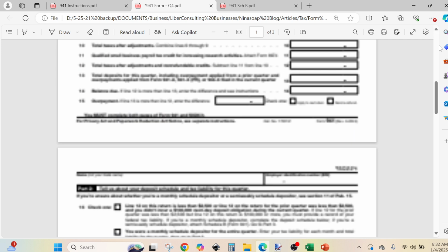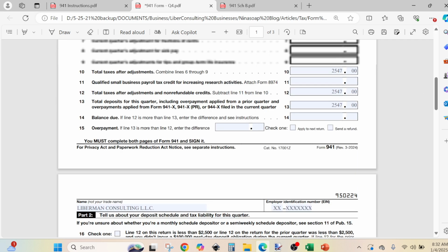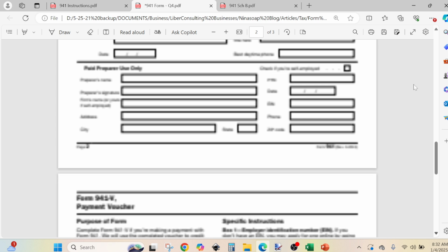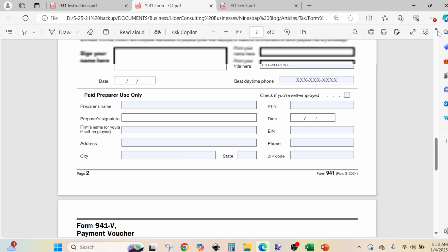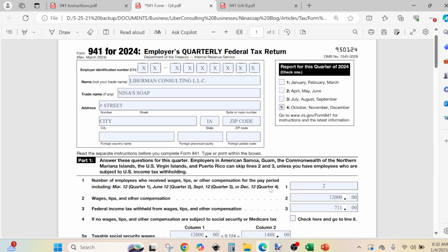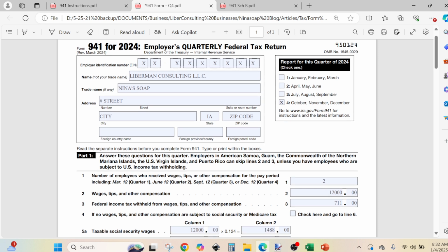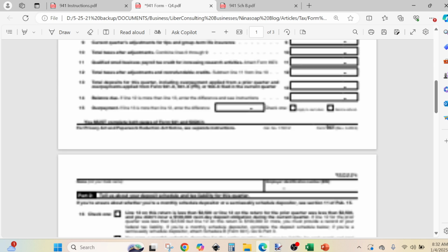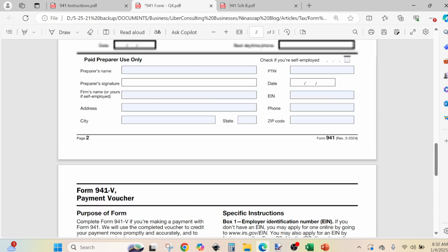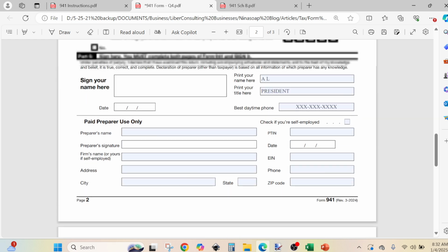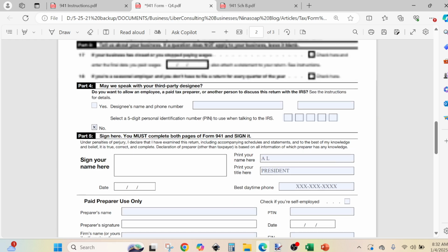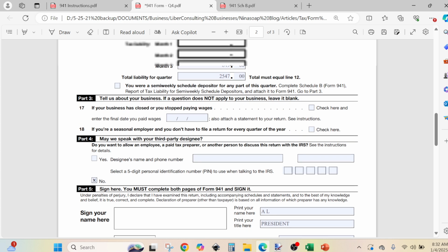Part 3, tell us about your business. Line 17 is business closed, we leave it blank. Line 18 is seasonal employer, we leave it blank. Part 4, third-party designee, we just put no there. If you put yes, you will complete the information requested, and the person will be contacted or might be contacted, but just related to this particular form for this particular year.